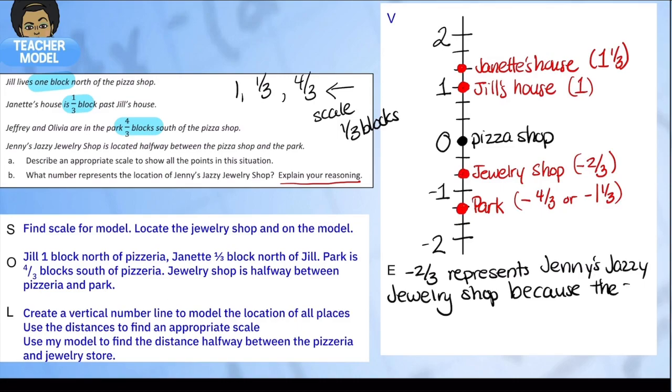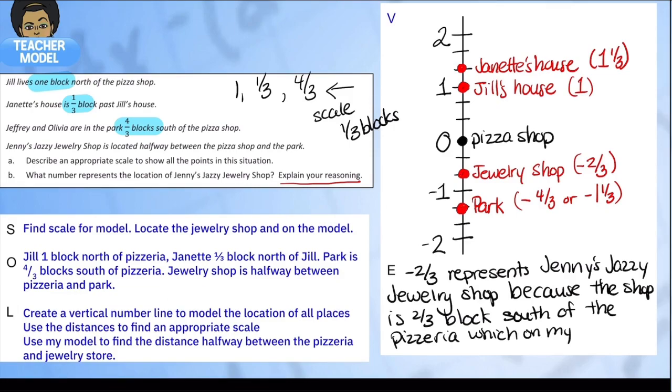because the shop is 2/3 blocks south of the pizzeria. I'm calling it a pizzeria, which on my model represents 0.